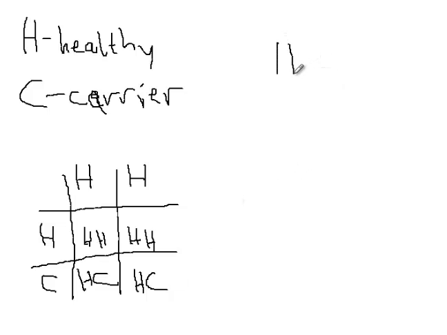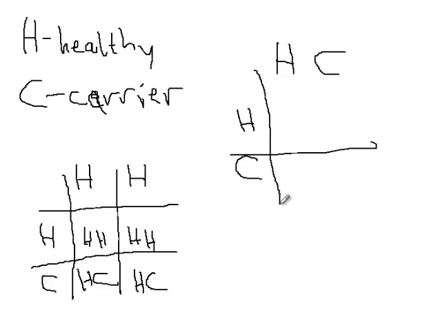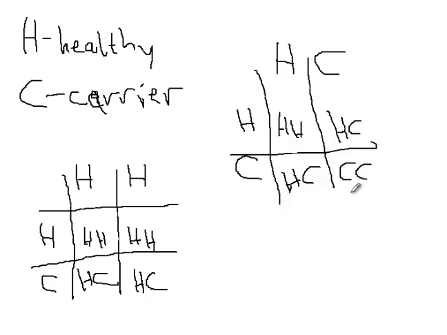On the other hand, if you have 2 parents who are both carriers, in other words, you've got an H and a C, together with an H and a C, well, 3 out of the 4 kids are going to be okay. You're going to have an HH, which is not even a carrier. Over here, you're going to have an HC, which is a carrier. Over here, you're going to have an HC, which is a carrier. And over here, on the other hand, you're going to have double Cs, which means the child is going to be sick.